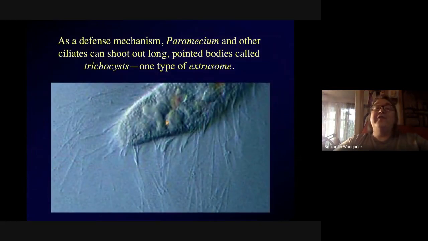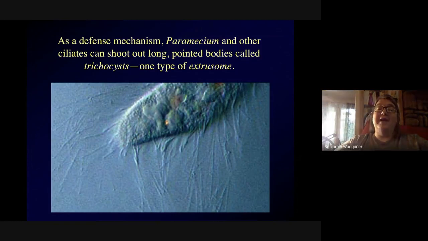I mentioned that ciliates can shoot things out from underneath the plasma membrane. The last time I tried this, I couldn't get it to work, but I've been told if you add a tiny drop of vinegar to a ciliate culture, it'll kill them, but it will often stimulate them to shoot out their trichocysts.